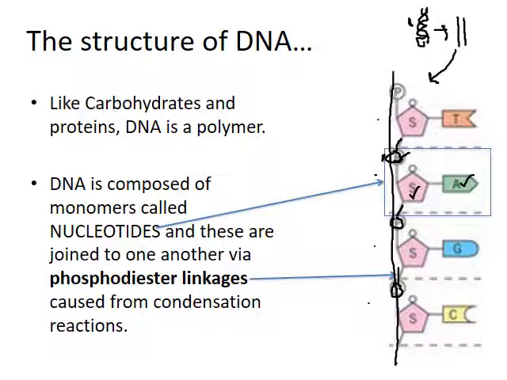And each of those bonds between two nucleotides is called a phosphodiester linkage. If I was in the classroom with you right now, I would say, can you remember what the bond is called between two amino acids? And you would say a peptide bond. Excellent.